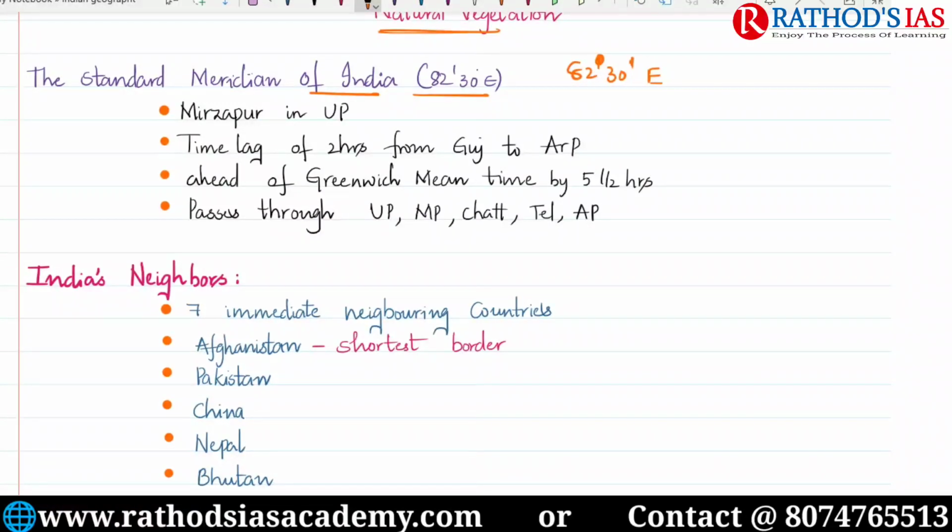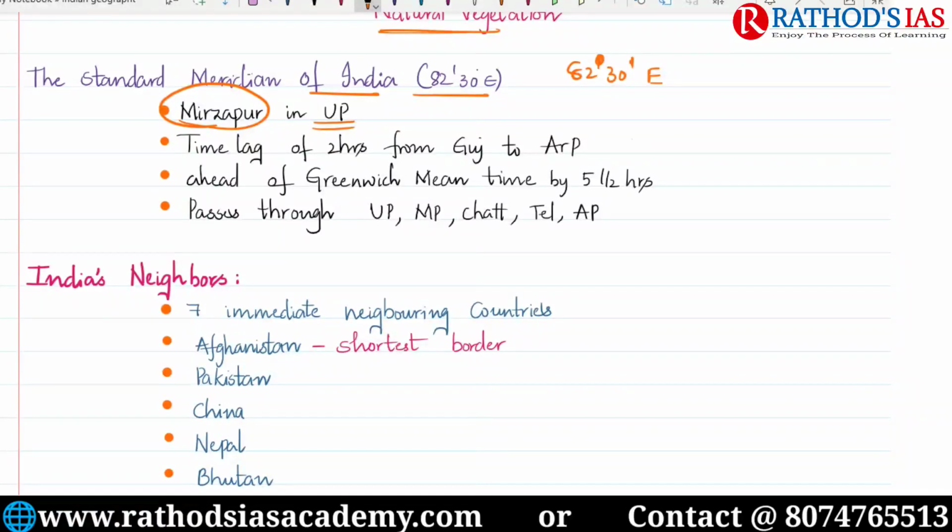Actually this standard meridian mainly passes through Mirzapur, and this Mirzapur is located in UP. This standard meridian of India is mainly taken as the standard time for the whole country.